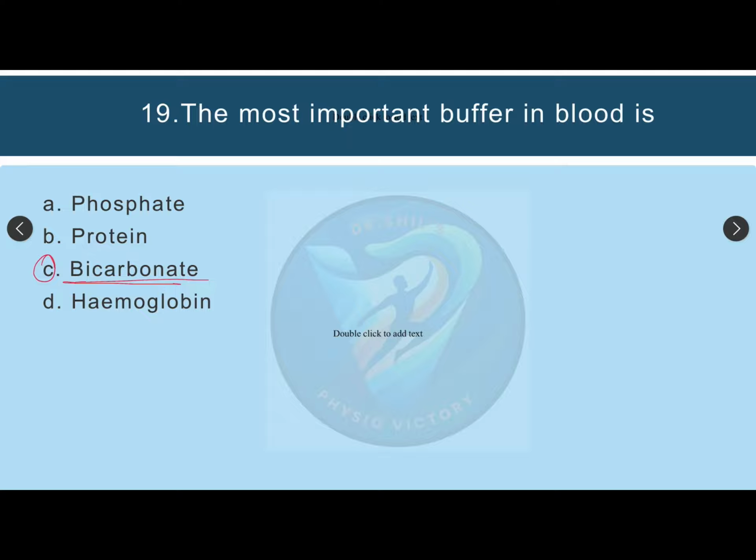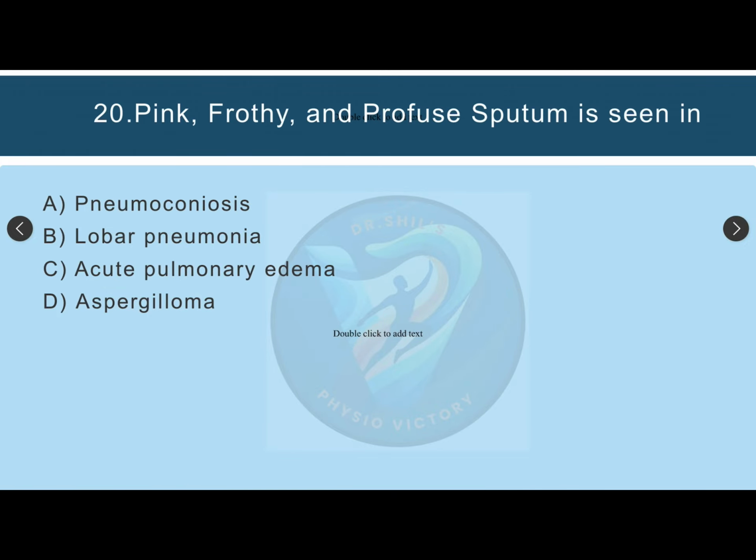Bicarbonate carbonic acid system is the primary blood buffer, closely regulated by lungs and kidneys. Next question, question number 20.